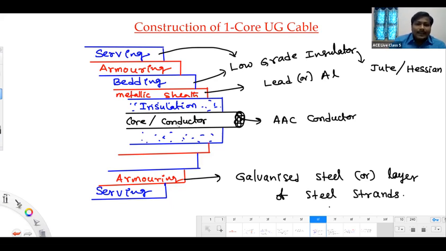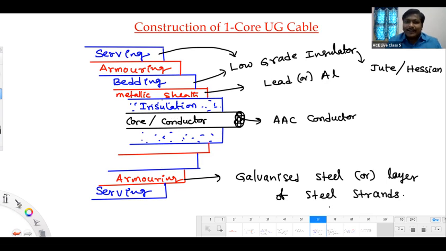From that point onwards, sheath, bedding, armoring, all these are for mechanical purposes only, to avoid corrosion and to provide mechanical strength. Electrically speaking, in the discussion of cables, I should consider only two layers: one is the conductor, the next is the insulation.